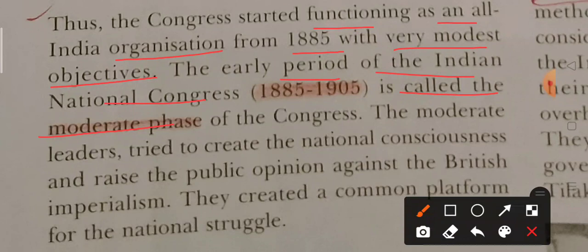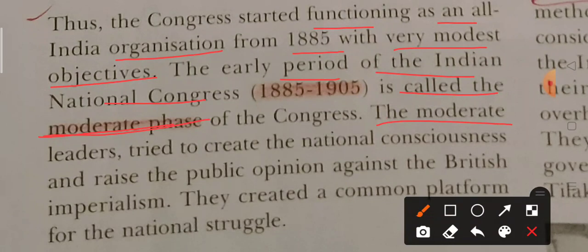The leaders wanted to maintain British rule, they had loyalty to the British crown, and they believed that the Britishers would gradually redress their grievances. I hope everybody has understood the moderate phase.